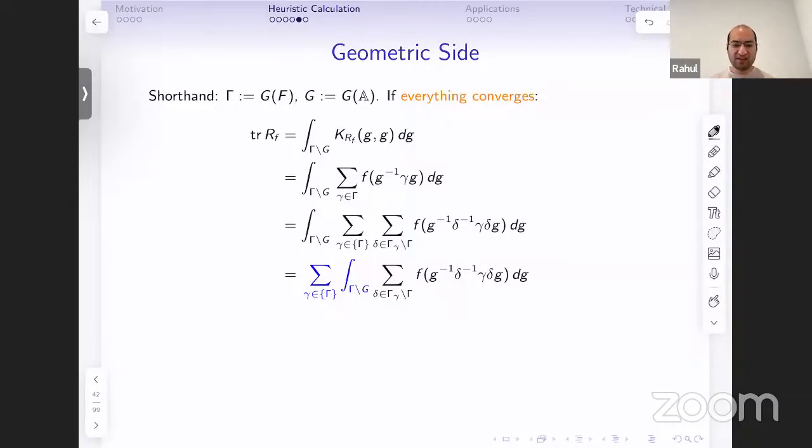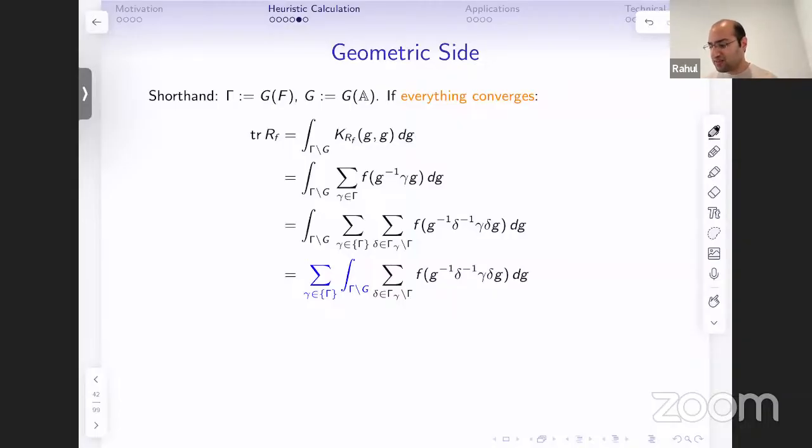So that basically allows us to swap the integral and the outer sum. So we can get this formula here. The sum over conjugacy classes can actually come out of the integral. So these two steps are the key trick: we can break up the sum over gamma into conjugacy classes, and that sum over conjugacy classes actually comes out of the integral.